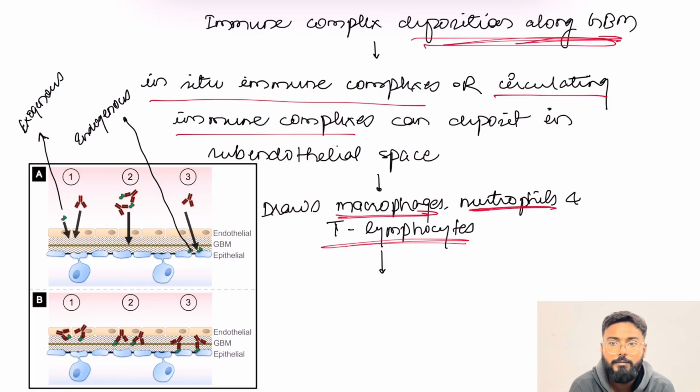they ultimately get encountered by the basement membrane, and if they cannot pass through, they are going to get deposited in the subendothelial space, that is, between the endothelium and basement membrane. When these complexes are deposited there, they elicit an immune response. Macrophages, neutrophils and T lymphocytes will come in order to eliminate these immune complexes, which will elicit an inflammatory response.